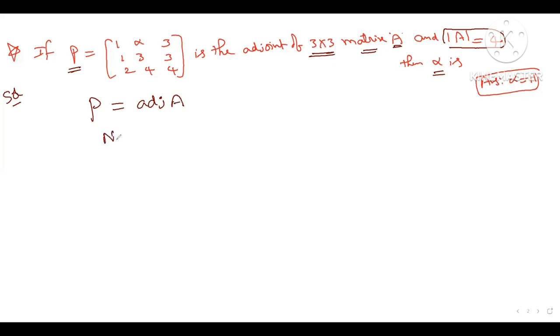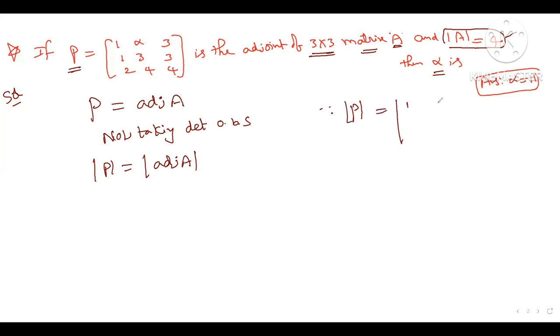Now taking det on both sides. Why? Because in the statement det of A value is given 4. So det P is equal to det of adjoint of A. So from the statement P matrix is given, det P how much value? 1 alpha 3, 1 3 3, 2 4 4. Plus minus plus.